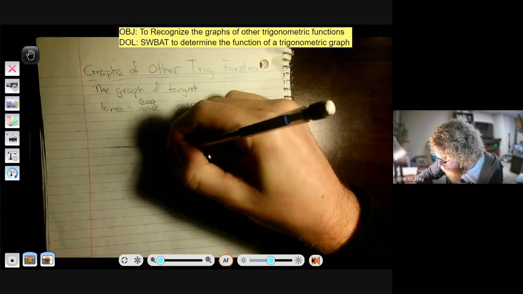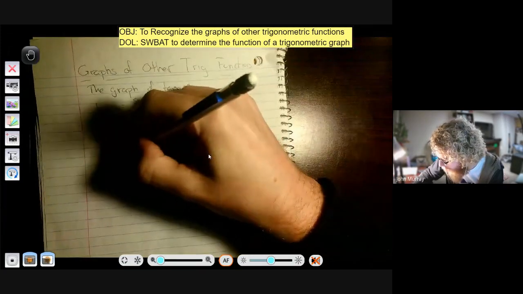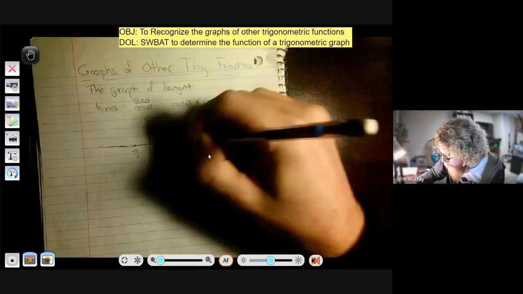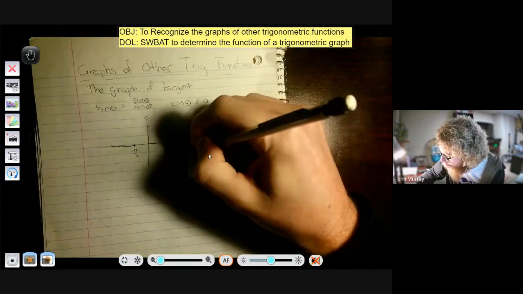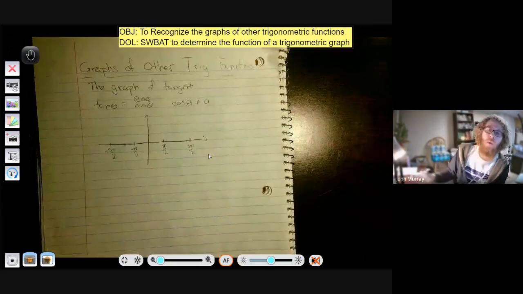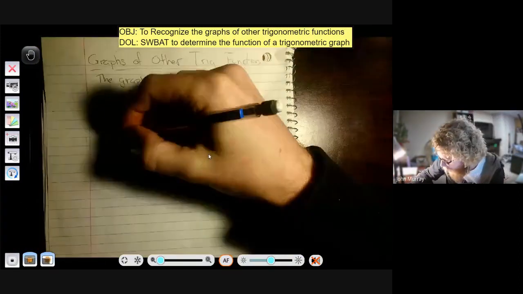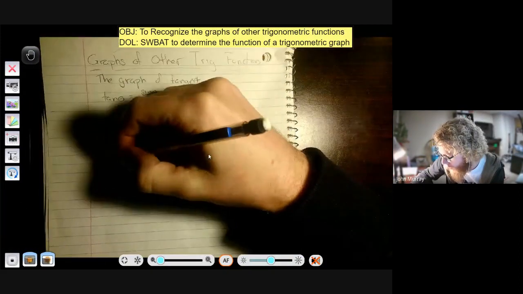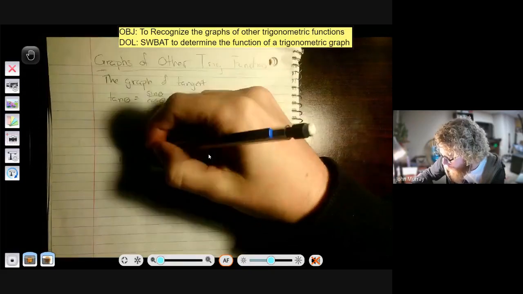So at pi over 2, at negative pi over 2, at 3 pi over 2, at negative 3 pi over 2, and we can keep going in both directions forever, we're going to have vertical asymptotes.